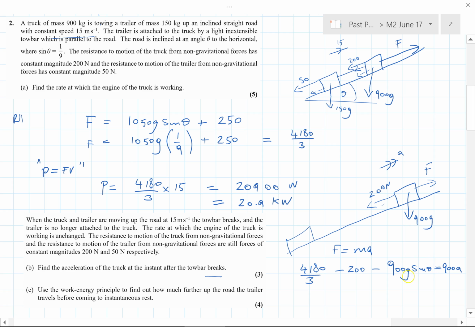Again, we know that sine theta is equal to 1/9, so we can sub in. I might as well do that now. We'll just put that 1/9, and that gives me a equals, when I work all that out, 32/135, which is equal to 0.237 meters per second squared.